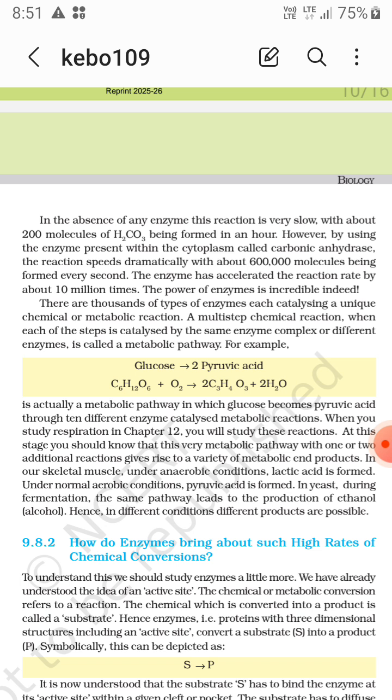Okay, there are thousands of types of enzymes, each catalyzing a unique chemical or metabolic reaction. A multi-step chemical reaction, when each of the steps is catalyzed by the same enzyme complex or different enzymes, is called a metabolic pathway. For example, glucose converts into 2 pyruvic acid: C6H12O6 plus O2 gives C3H4O3 plus 2H2O.